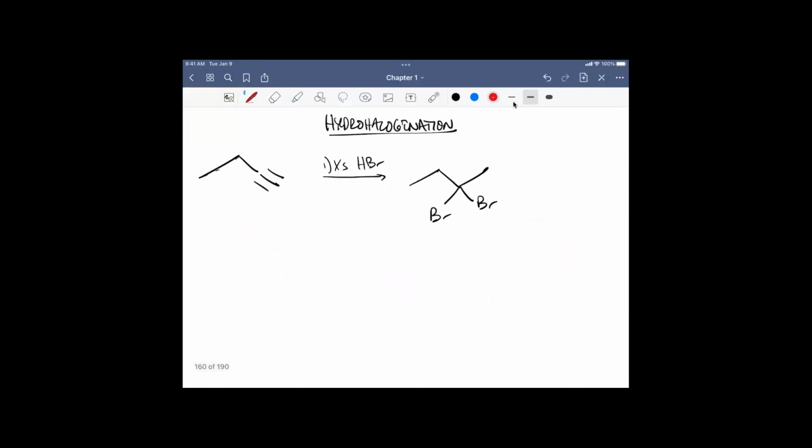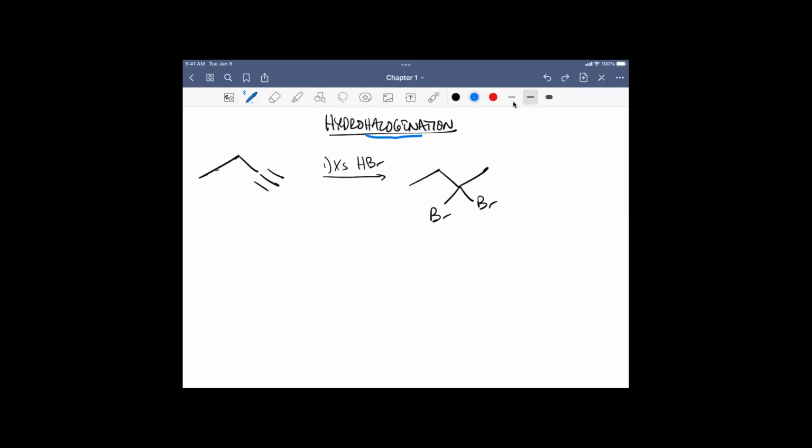Moving on to hydrohalogenation. You can see a key word in this is halogen, hydrohalogenation. So this is how you go from, how we just had those bromines and we got them into triple bonds. That's doing the reverse thing. So we're starting with a triple bond and we're ending up with two halogens. In this case, we use excess HBr to get two halogens.